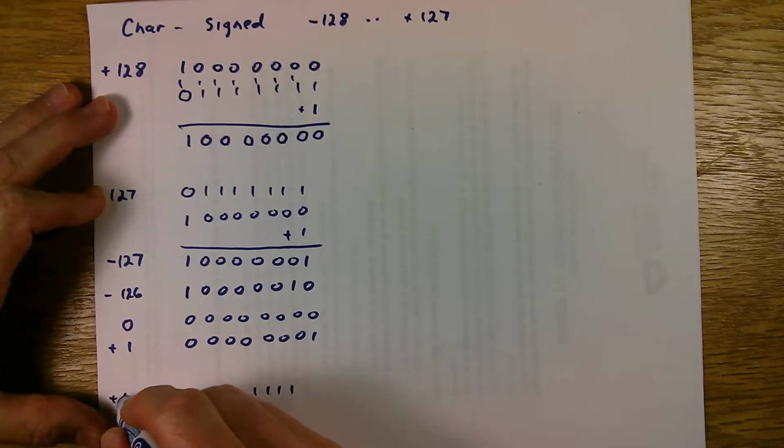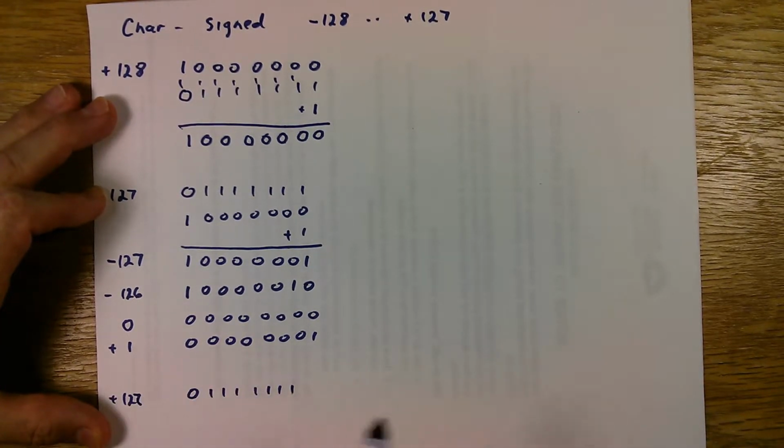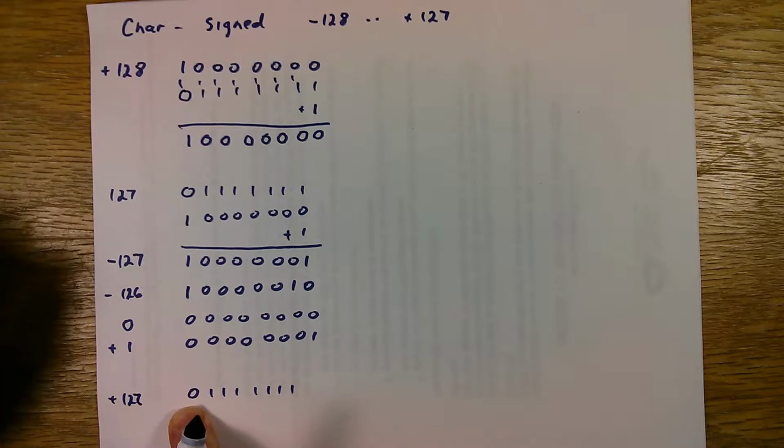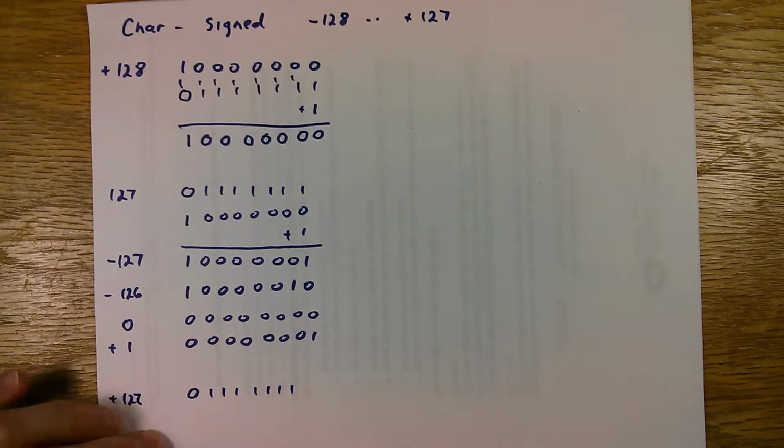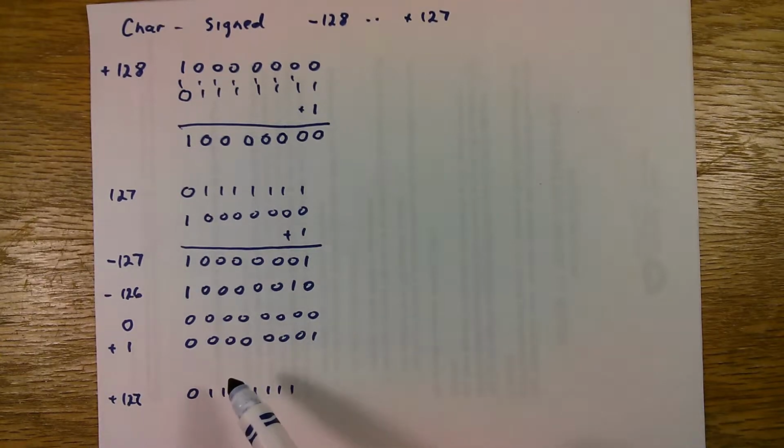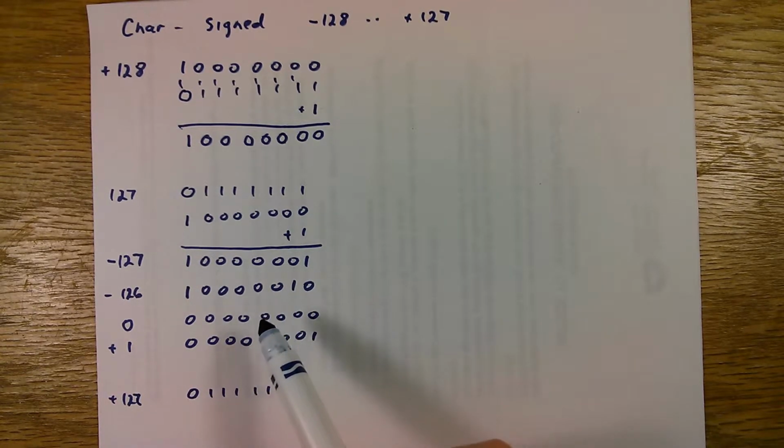So that's plus 127 in a signed number. That bit is 0, indicating that it's positive. It still uses all the same combinations of the 1s and 0s as the unsigned version, but they have a slightly different meaning.